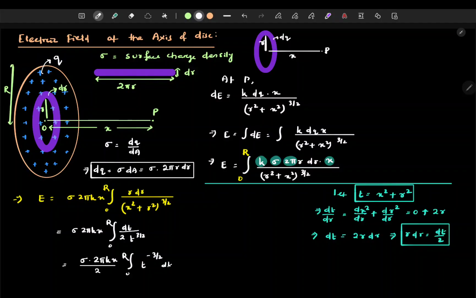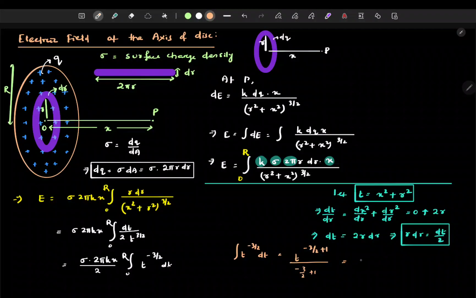So now let us see how to calculate the integration of t to the power minus 3/2 dt. Integration of x to the power n dx is x to the power n plus 1 by n plus 1, plus c. So t to the power minus 3/2 plus 1 divided by minus 3/2 plus 1.